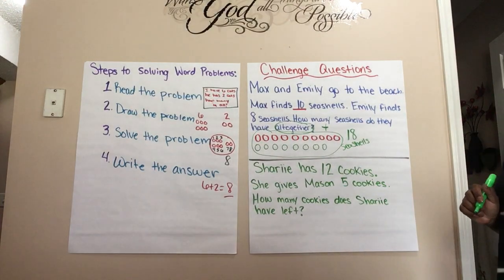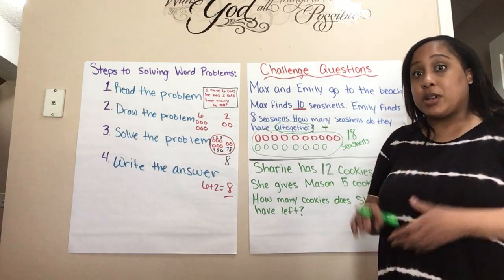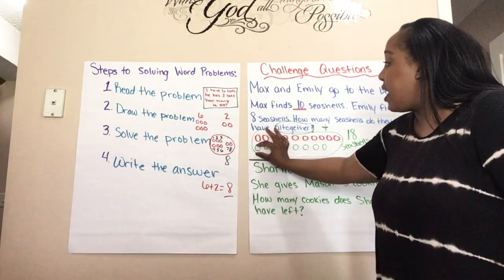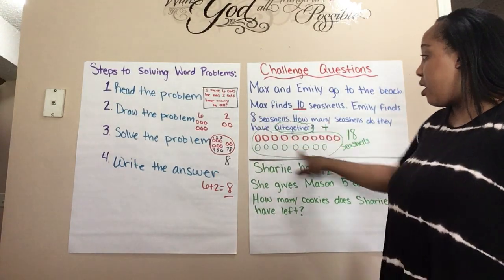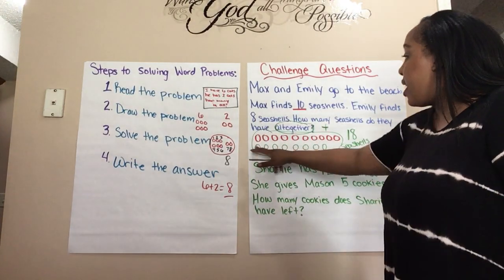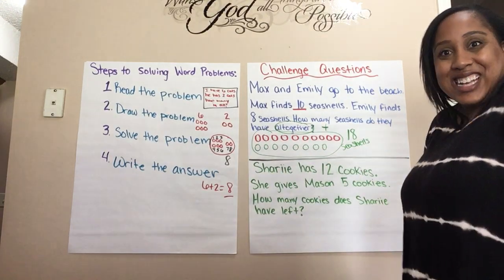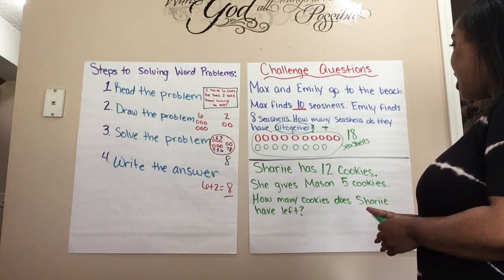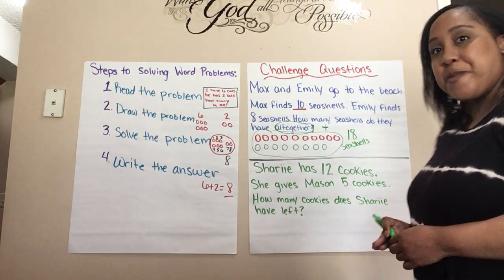Ooh, this really reminds me of those team numbers, right? We have a group of 10, and 8 more. One group of 10, 8 more, that's 18. All right, 18 seashells. Okay.